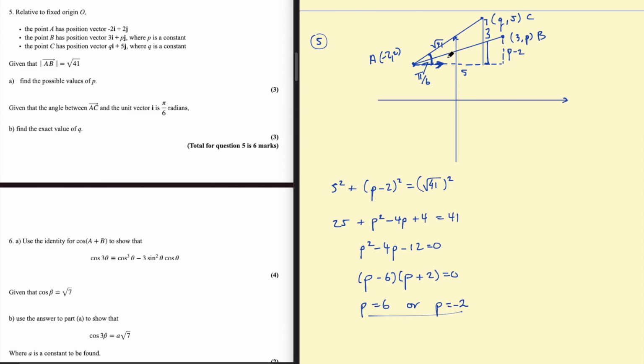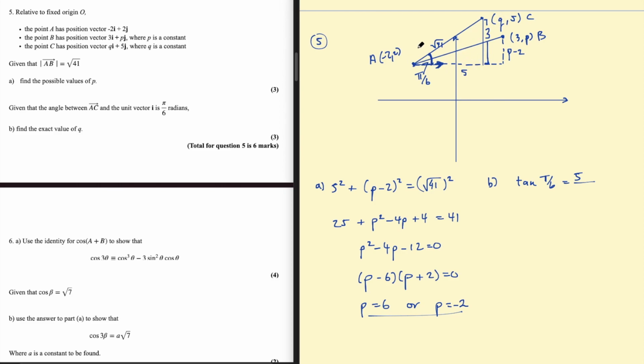So now think about which trigonometric ratio relates the opposite side and the adjacent side to the angle. That's the tan ratio, right? So for part B, I should have written A over here as well. For part B, we're going to say the tan of pi on 6 is equal to 3 over this horizontal distance. Now, how can we represent that?